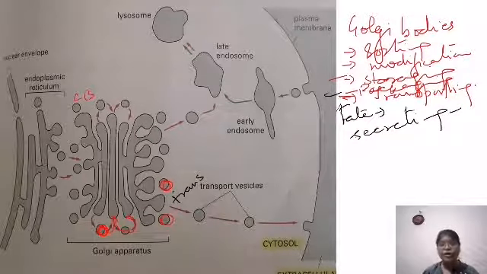Something is moving in and something is moving out of the cell. So two pathways are running: exocytosis is happening here and this is endocytosis.